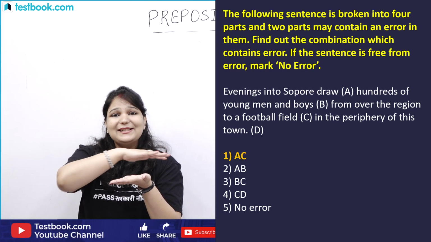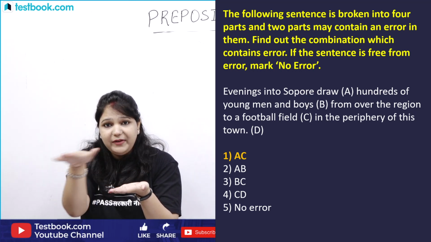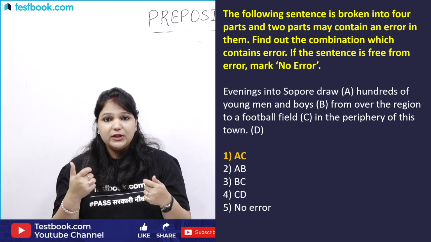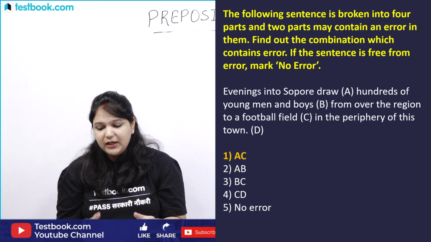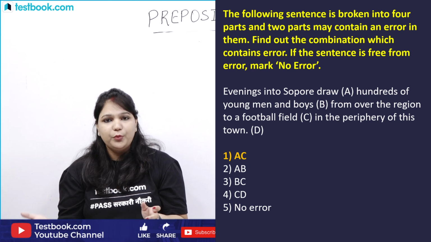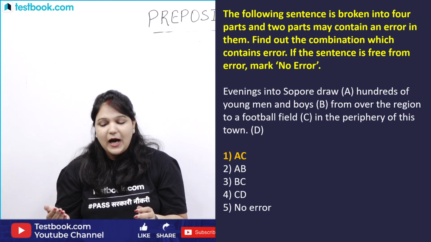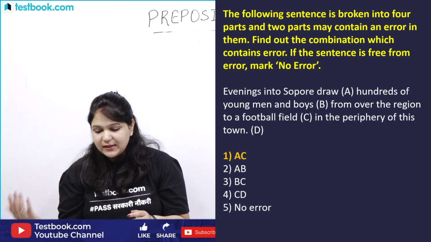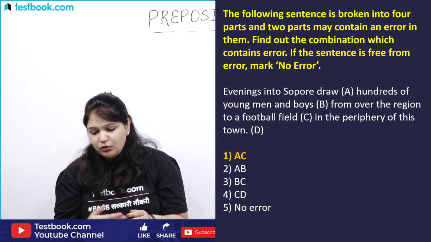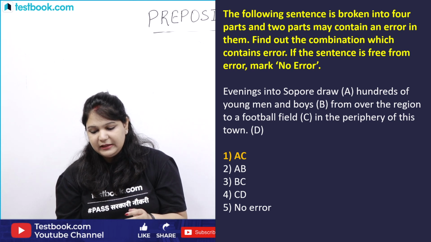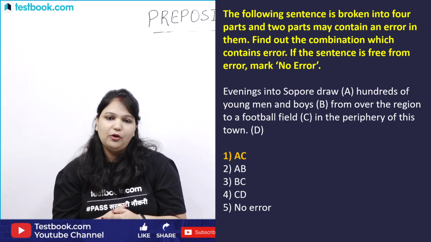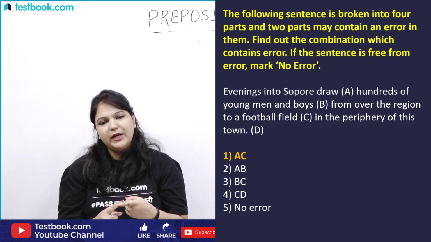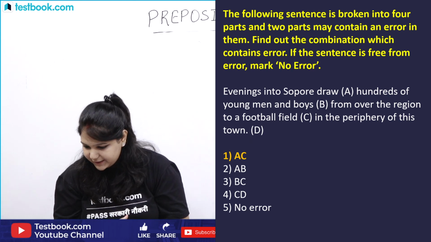Across covers the whole region we are talking about in this question. So the actual sentence should be: evenings in Sopore draw hundreds of young men and boys from across the region to a football field in the periphery of this town. So whosoever gave option number 1 as your answer, all of you are correct, guys.